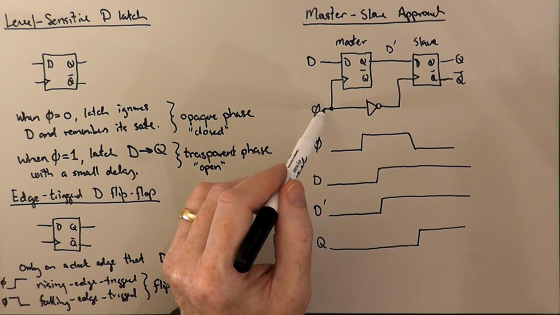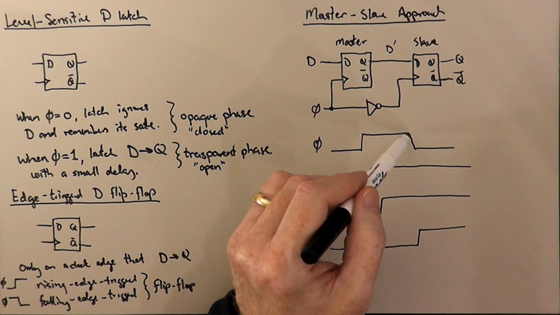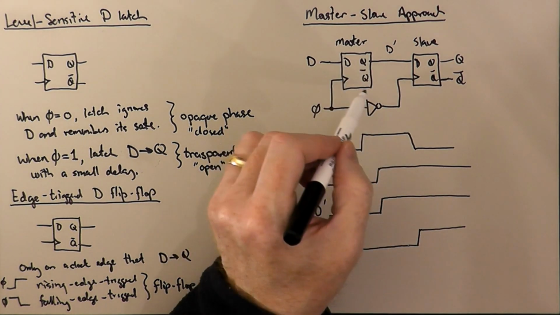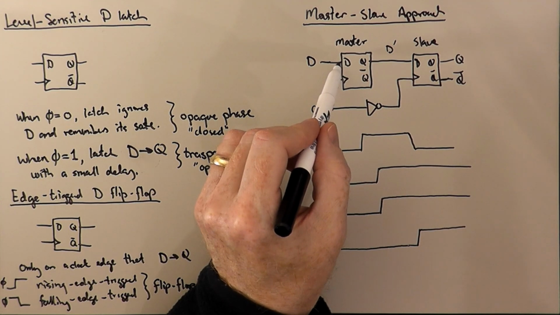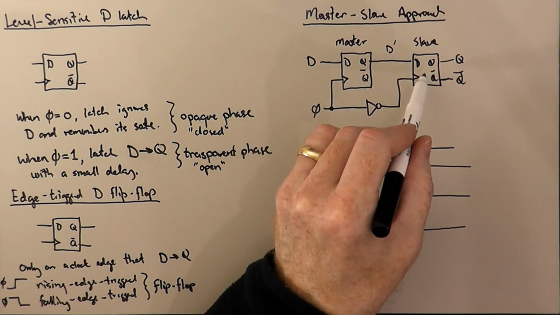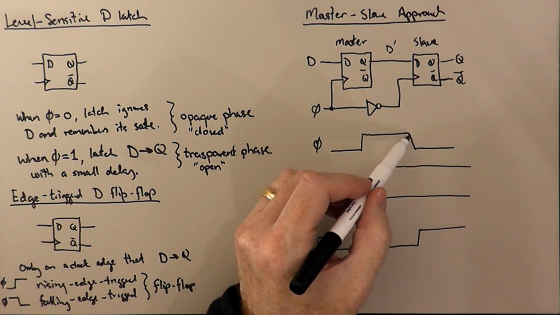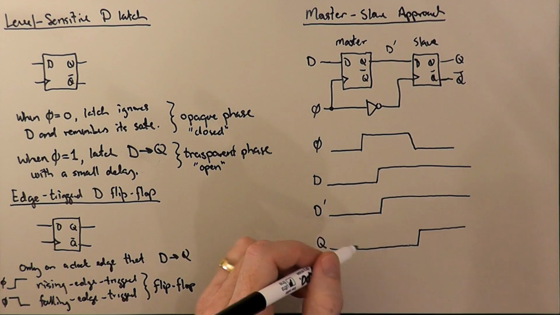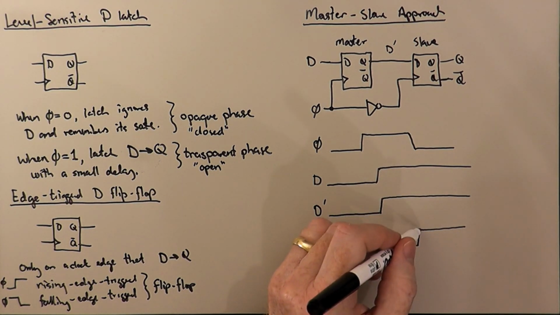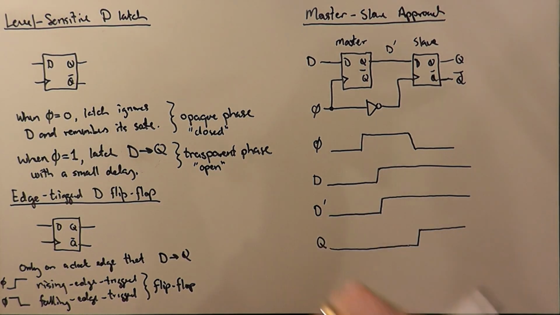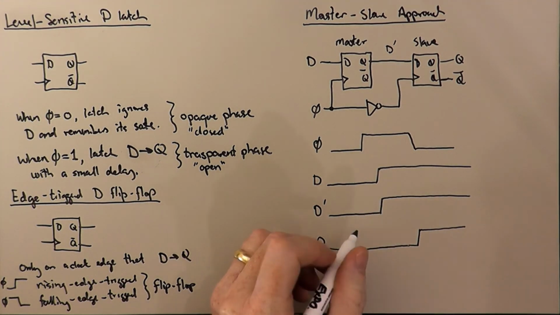But then when the clock goes low, the master closes off its sampling of its input and has a steady value for the slave latch to adopt. And so when the clock goes low, that's when Q goes high. That's when D is propagated to Q. So this would be falling edge triggered.